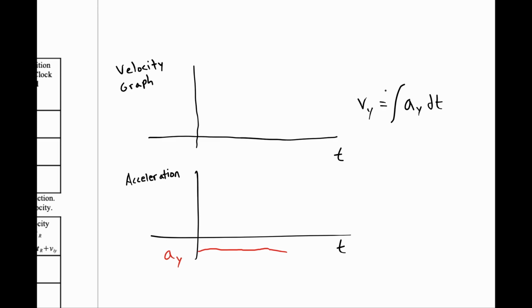So when you build it up, you get that v is a_y times t plus some constant c. But in this context, the constant c would be called v_iy, the initial velocity that the ball has.